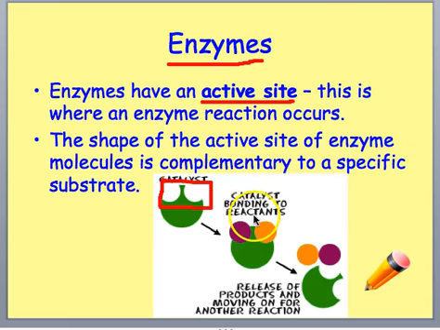If we imagine this as an enzyme, we can see that this part here is the active site, and these two molecules that are here are the substrates, and they fit onto the active site of the enzyme. And when they fit onto that active site, the reaction takes place. In this case, two molecules are put together.